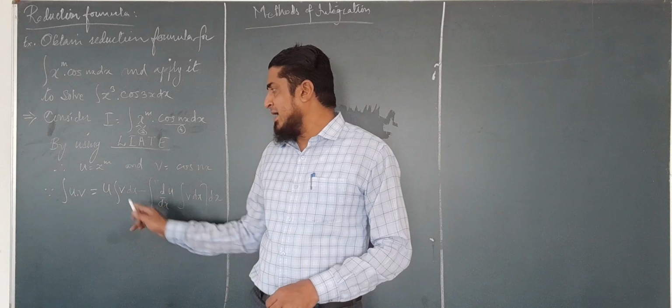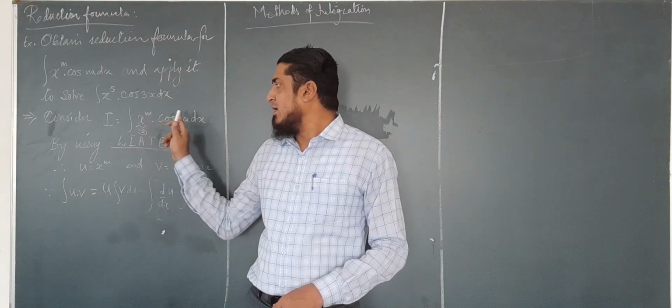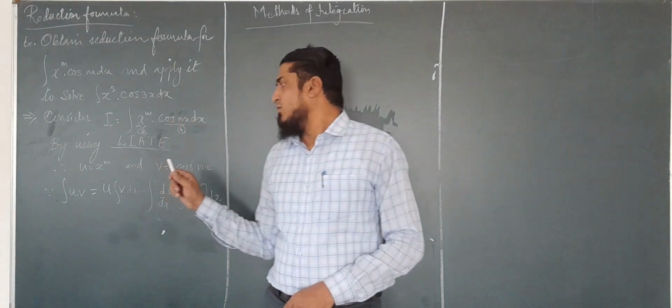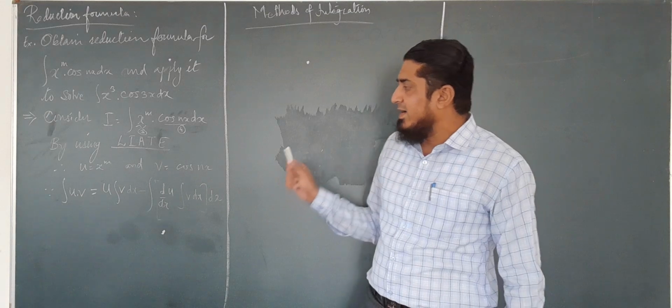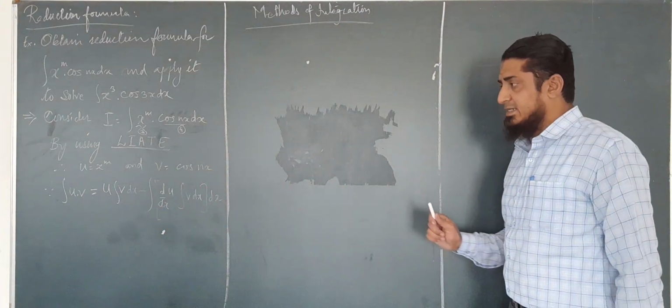I already told you that we are choosing the functions x raised to m and cos nx as u and v only for finding the function for differentiation and the function for integration.